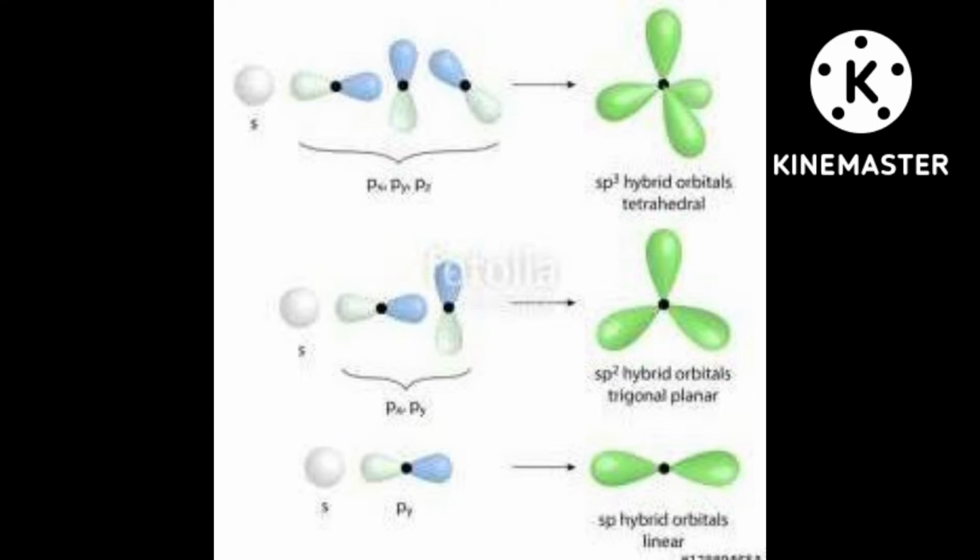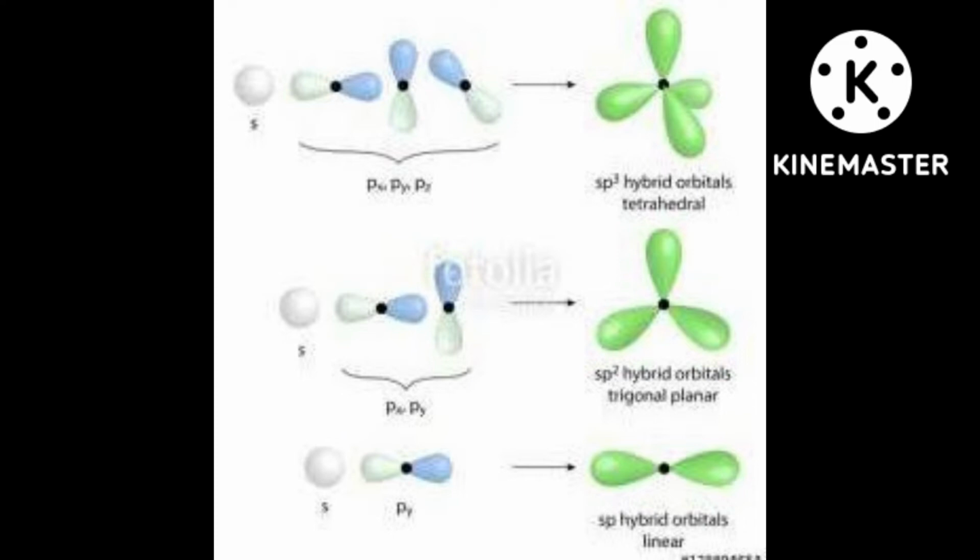Now the fourth point: these hybrid orbitals are directed in space in some preferred direction to have minimum repulsion between electron pairs and thus a stable arrangement.